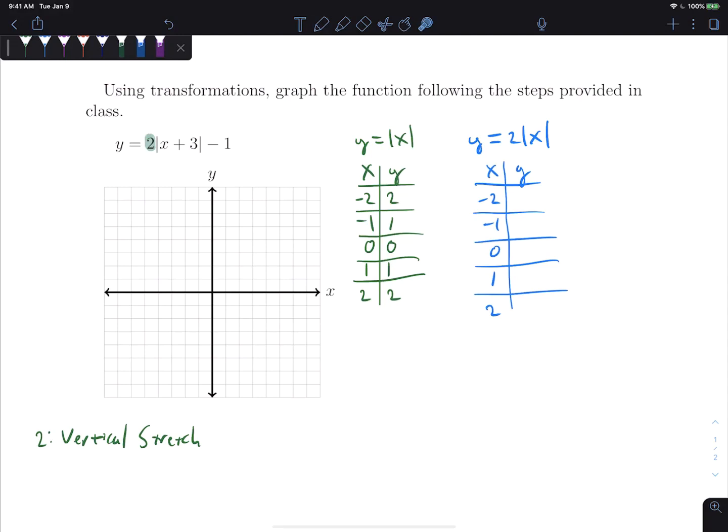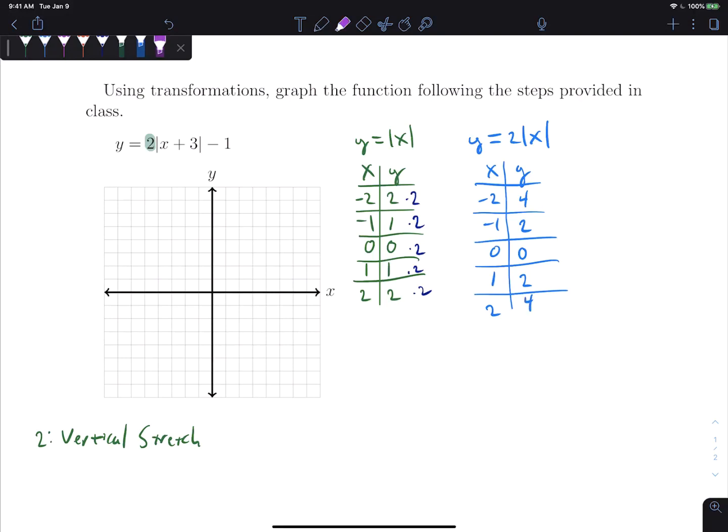It says 2 times something, so we're going to multiply the y values by 2. So it's going to be 2 times 2, 1 times 2, 0 times 2, 1 times 2, and 2 times 2. And that's going to give us the new values for the y column. 2 times 2 is 4, 2 times 1 is 2, 2 times 0 is 0, 1 times 2 is 2, 2 times 2 is 4.